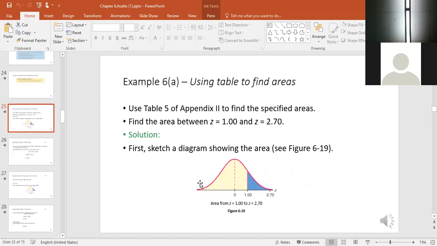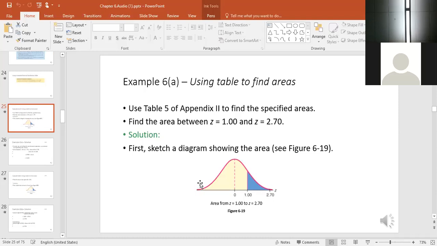Now, if we want the probability that z is greater than a number, here we want to find the area between 1 and 2.7. This is 0. This is 1.